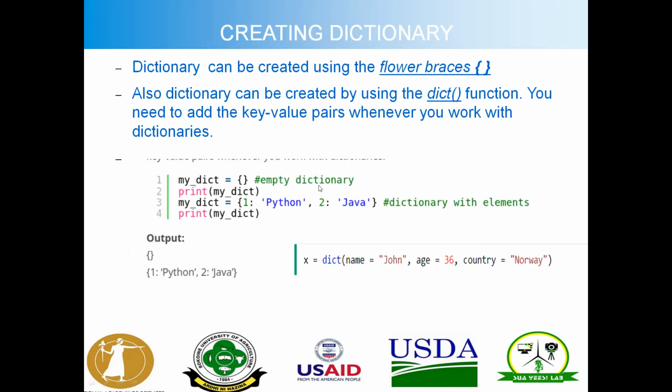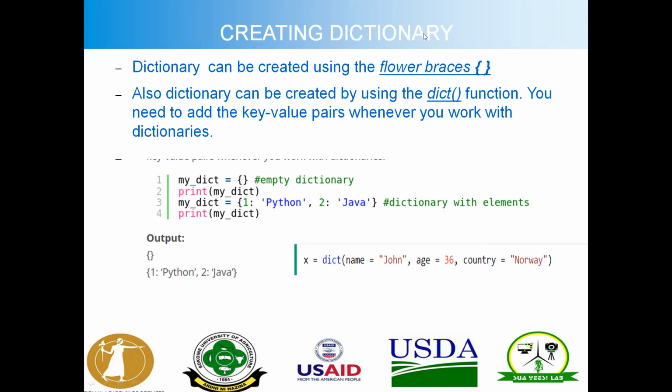Okay, now how can we create a dictionary data structure? A dictionary can be created by using the flower braces, or sometimes we call them curly brackets. But also you can create a dictionary by using a function known as the dict function. So you can use the curly brackets or you can use the dict function.